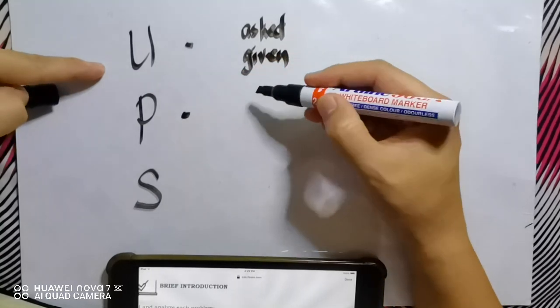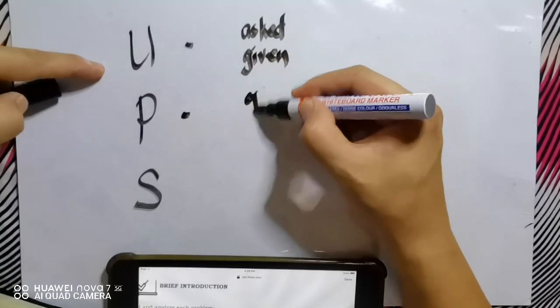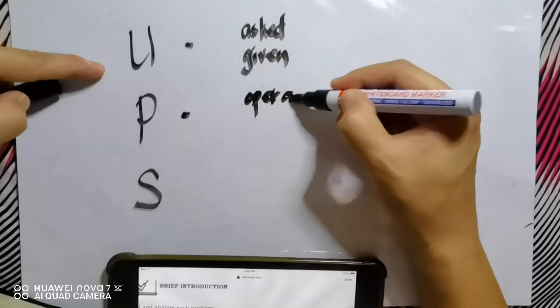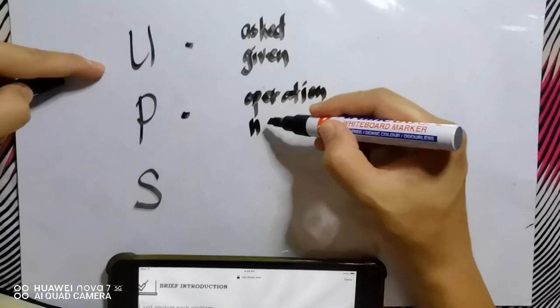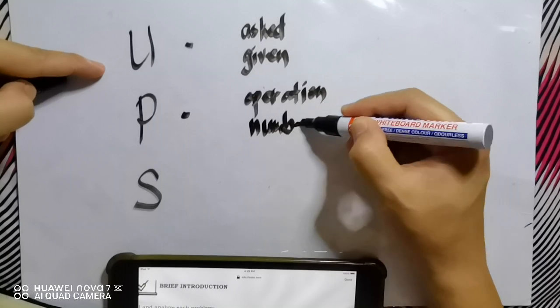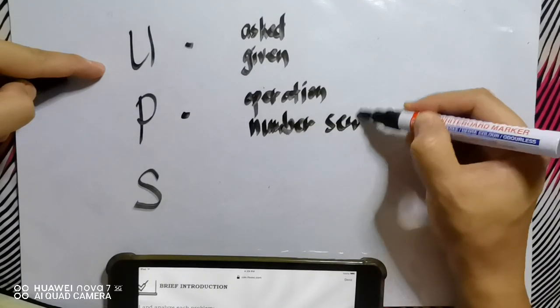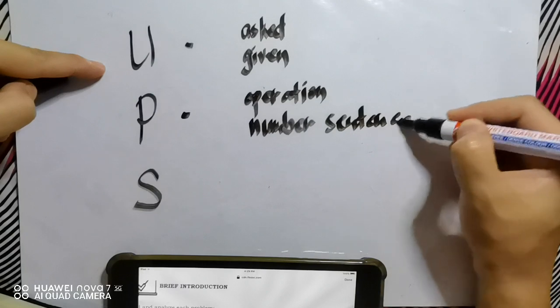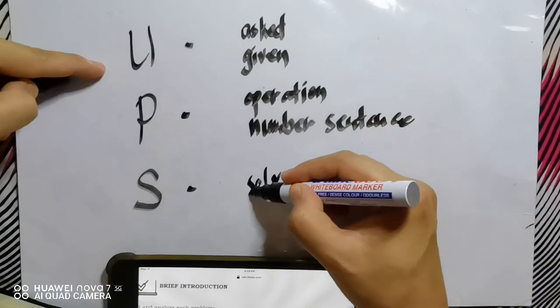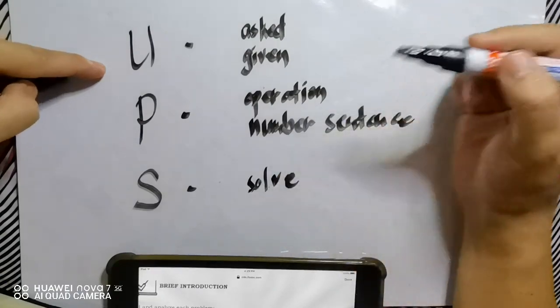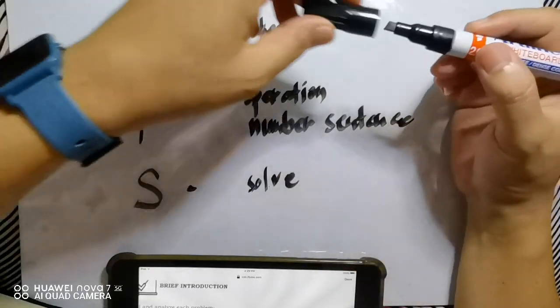Sa P, we have the operation, and the last one is the number sentence. So, ayan yon. And then, dito ay solve naman. Okay? Meaning you're going to get the answer. That's why you have to solve.